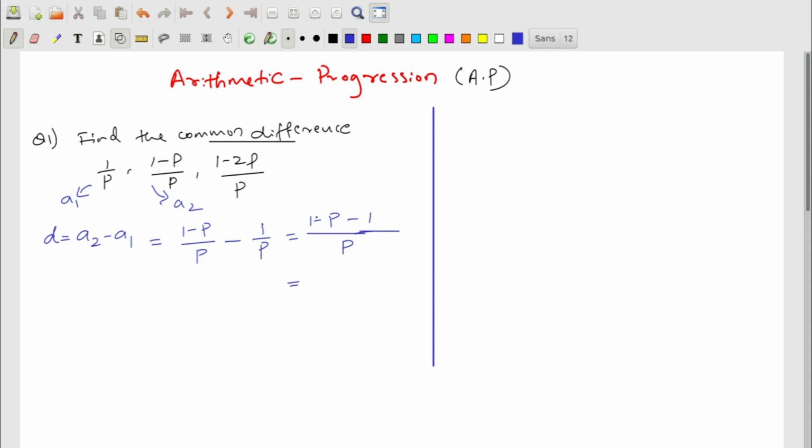If you simplify, 1 minus 1 will cancel out, and you will be left with minus P by P. Cancel out P and P, minus 1. So hence the common difference is minus 1.